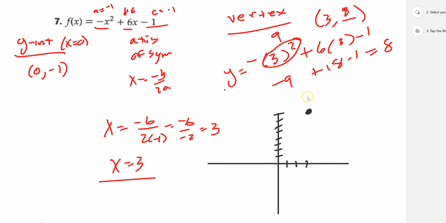The axis of symmetry is 3, so I'm going to draw a little dotted line right here. Always the x on the vertex. And then my y-intercept is (0, negative 1). So it's like this. If I graph it, it's going to be opening down of all things. That should be more curved. Oh, that's an ugly graph. But anyway, it opens down.